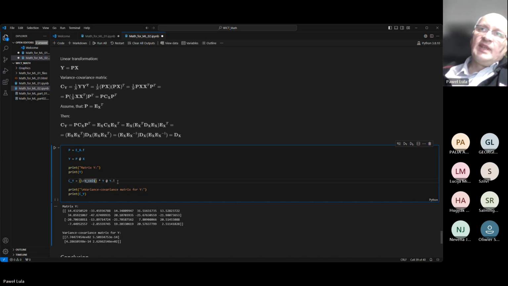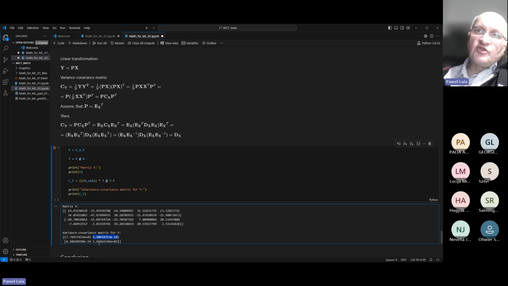And variance-covariance matrix calculated for this data is here. On main diagonal, we have values which are equal to eigenvalues obtained for variance-covariance matrix for X dataset, and covariances are equal to 0.